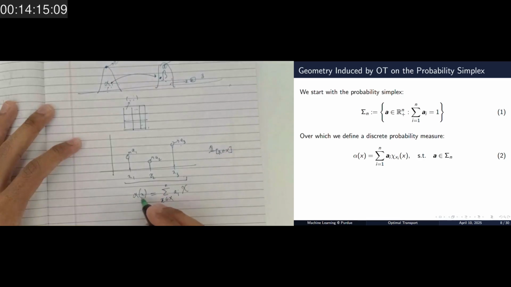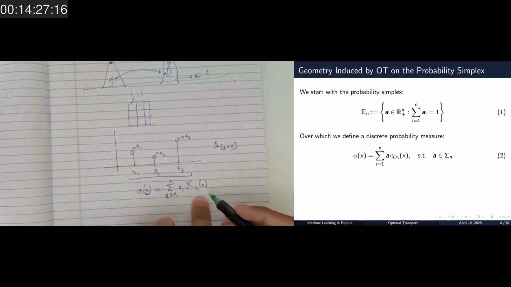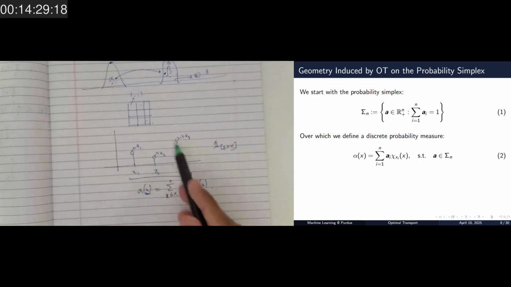So x here refers to the input, and x1, x2, x3 is this entire set. If you have this in your set, then you add that value. This is just one way to describe a discrete probability measure.